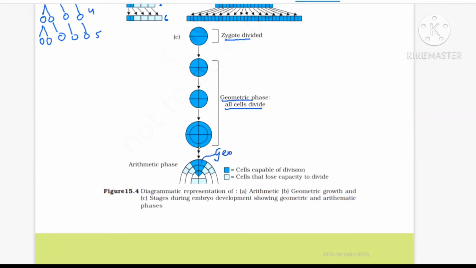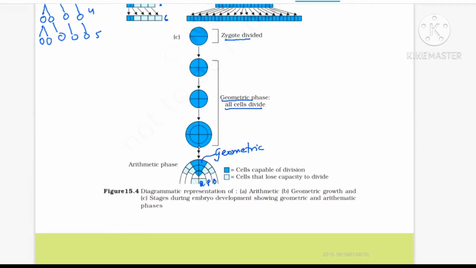These are showing geometric division. But slowly, when they are going for permanent, they are making three germ layers. This is your dermatogen, this is your periblem and plerome. So slowly they are switching to arithmetic growth, meaning they are becoming permanent and going for differentiation.